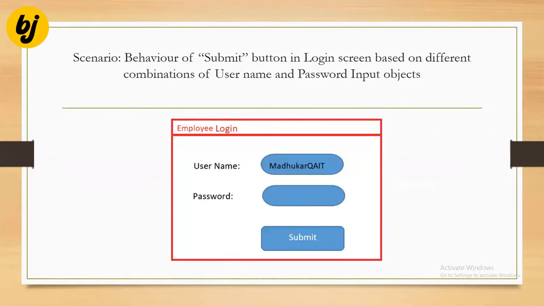Let us consider an example here. I have an employee login screen with username and password input objects and a submit button. For this scenario, how is the cause effect table or decision table going to be considered?